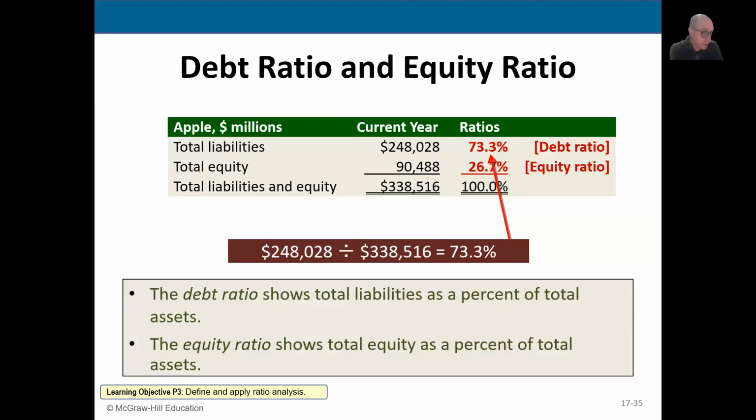The way you do that is very simple. Take 100% minus the total debt ratio. 100% minus 73.3% is 26.7%. See? It has to equal 100%.